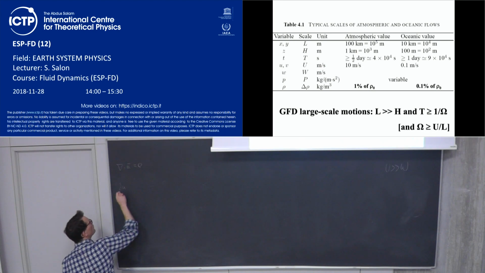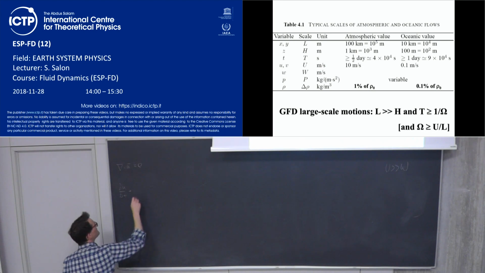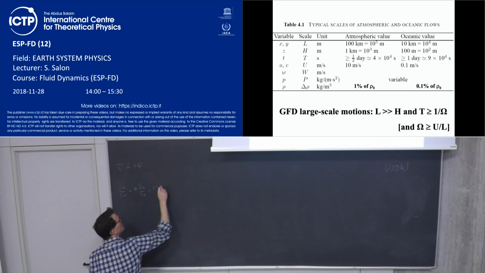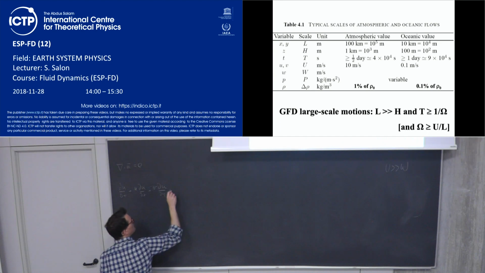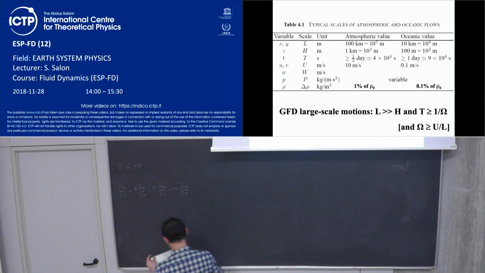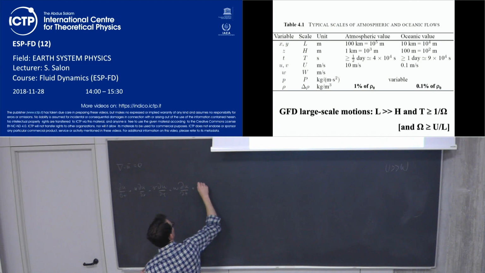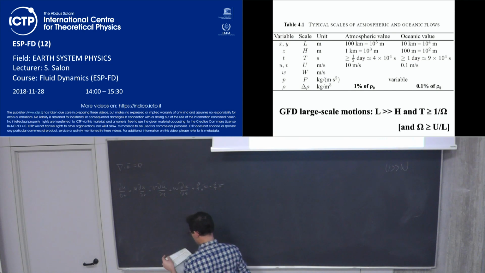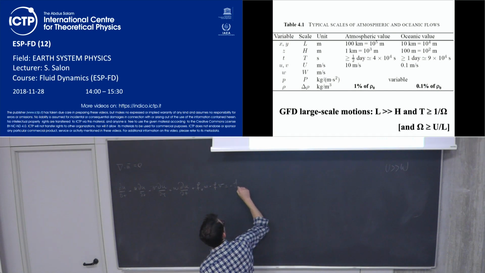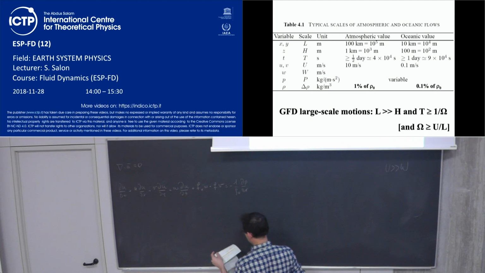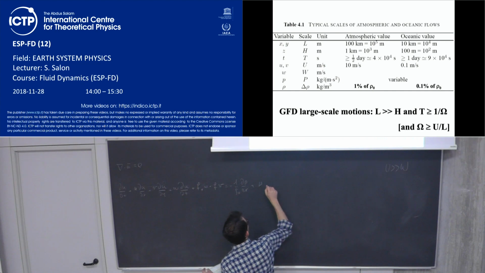So we have du over dt plus u du over dx plus v du over dy plus w du over dz. Then we have the Coriolis term. Then we have the pressure gradient. And then we can expand the Laplacian.